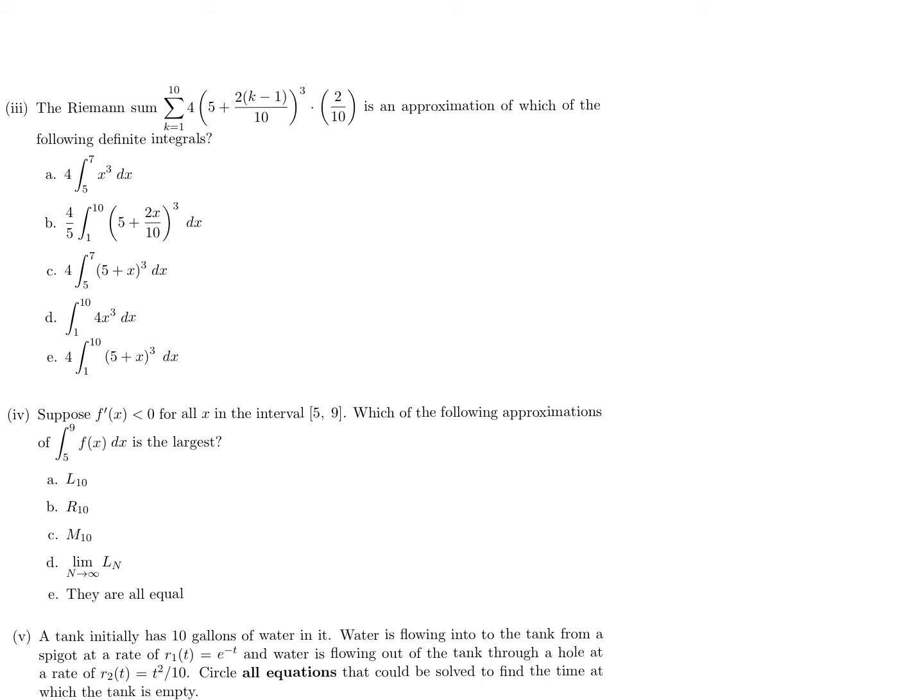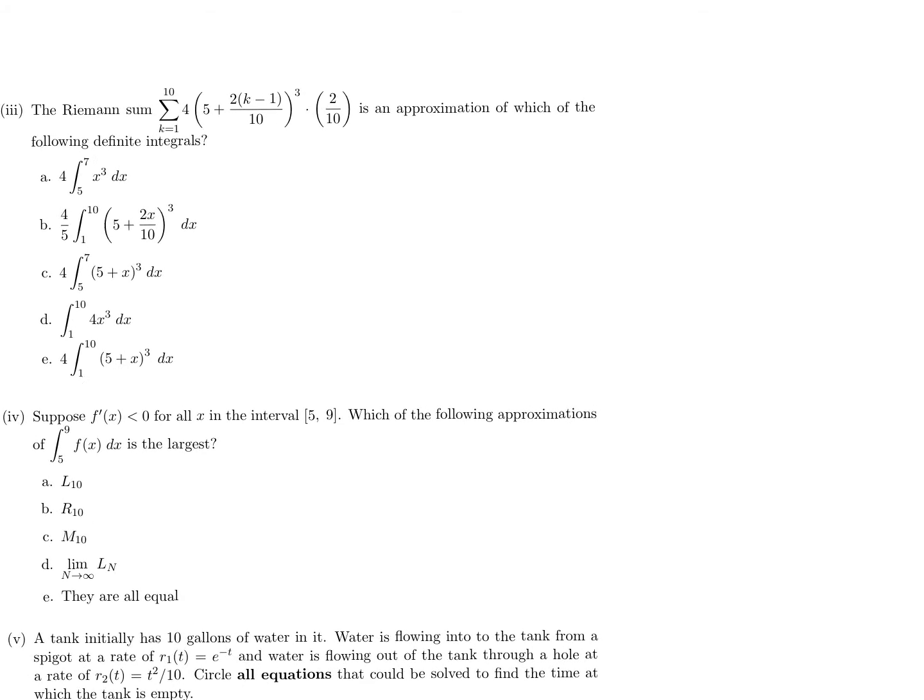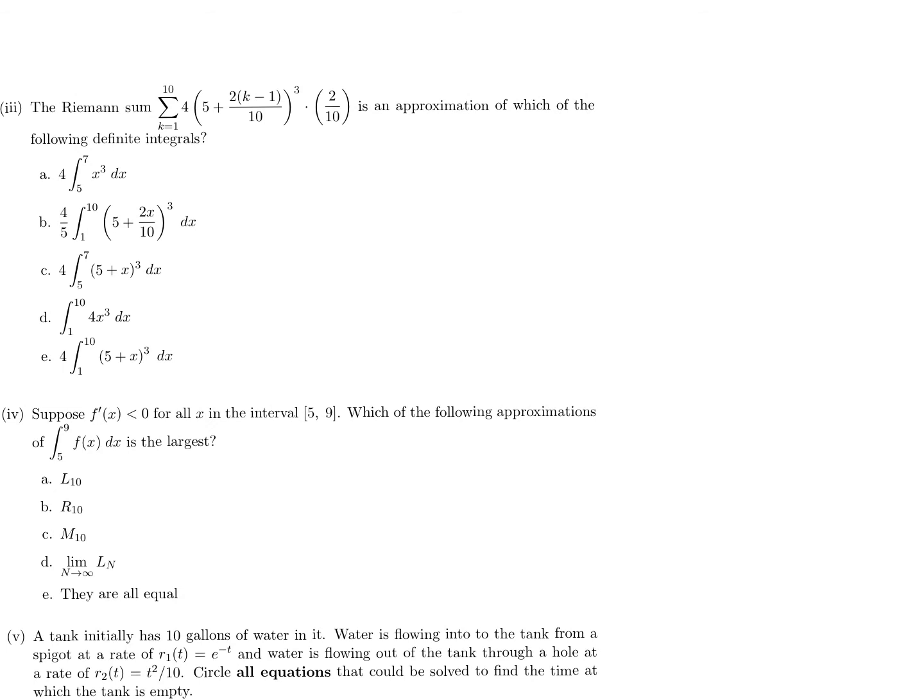Okay, so first things first, I want to look at what numbers won't be a part of the integral. And what I mean by that is this 10, it shows up here and here again. That's just the number of rectangles that we're using in our Riemann sum, right?